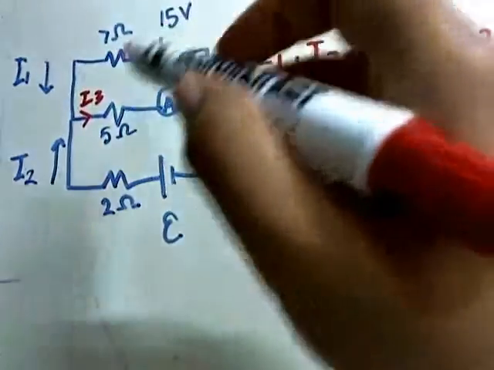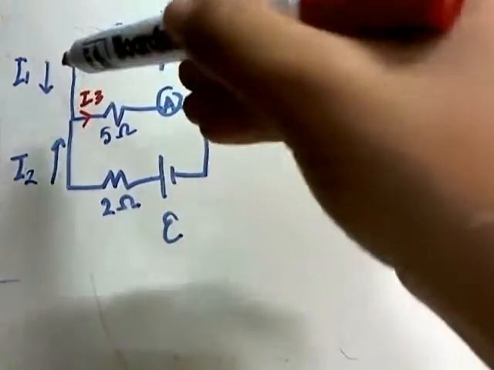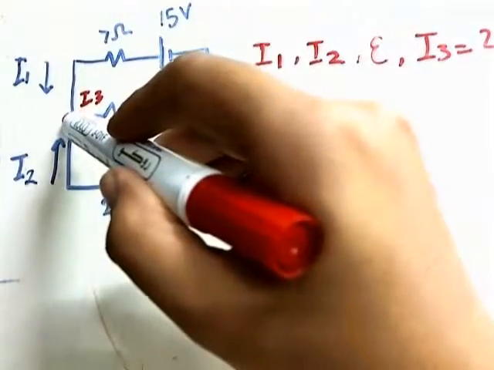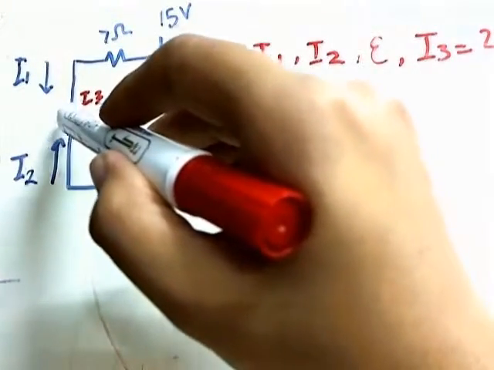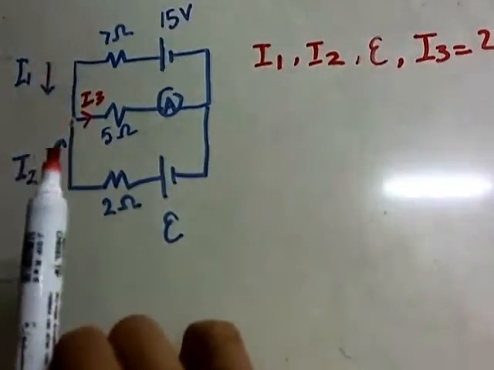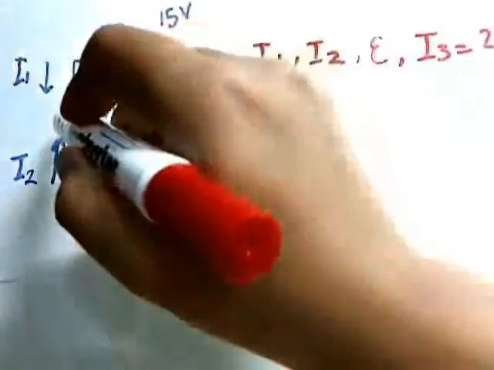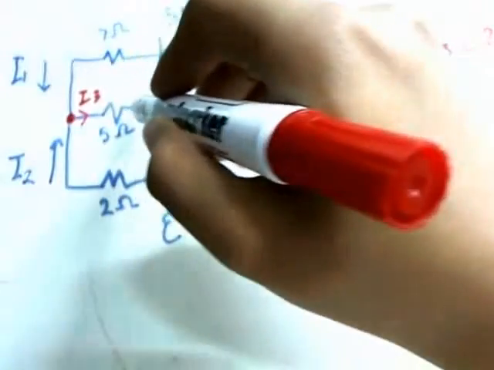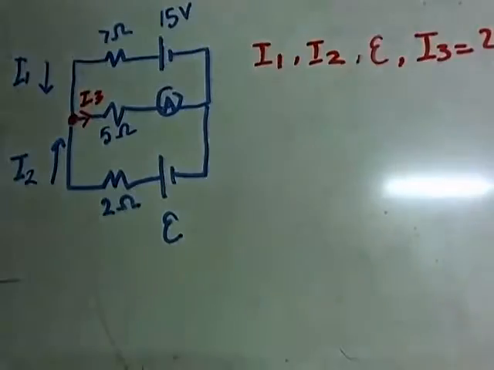We know from Kirchhoff's current law that the currents going into this junction add together and go out in this branch right here. So the current in this branch and this branch will add together, meet at this junction, and become I3.